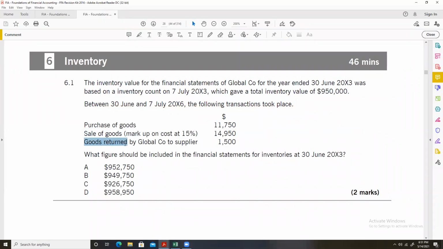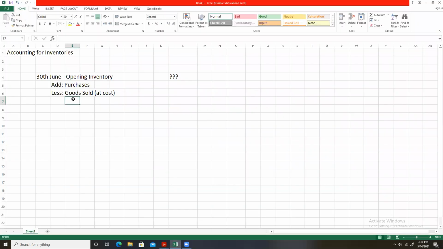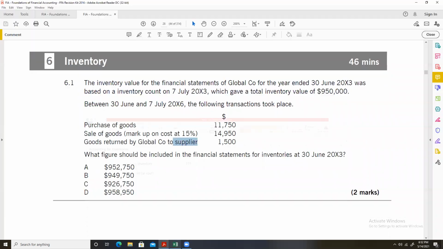Now, think over it. What will happen to the volume of stock that you are holding when you make returns to suppliers? When you return goods to your suppliers, definitely the level will go down.